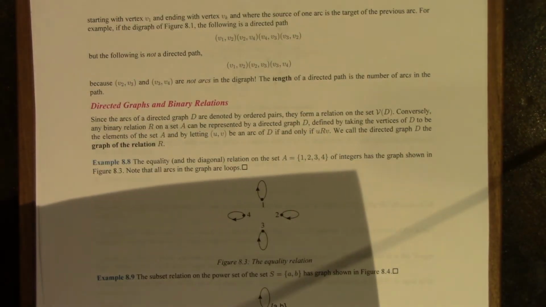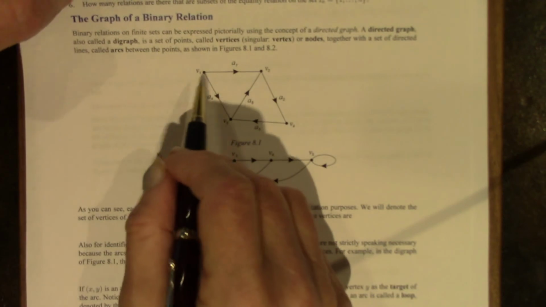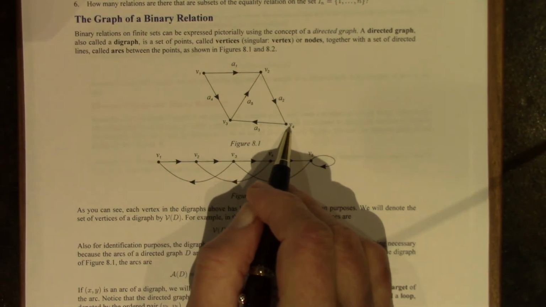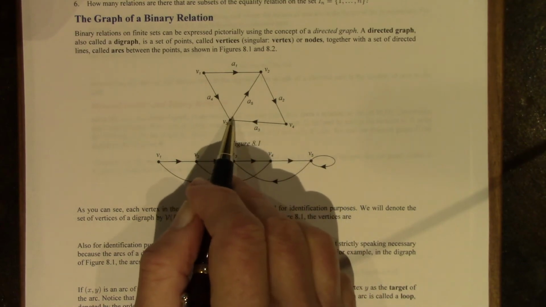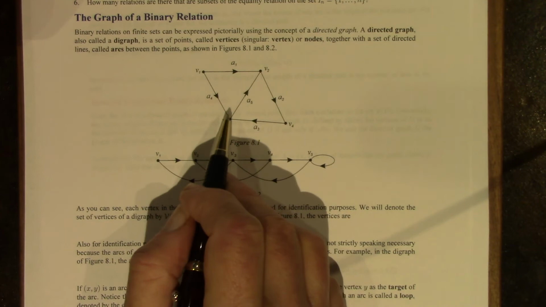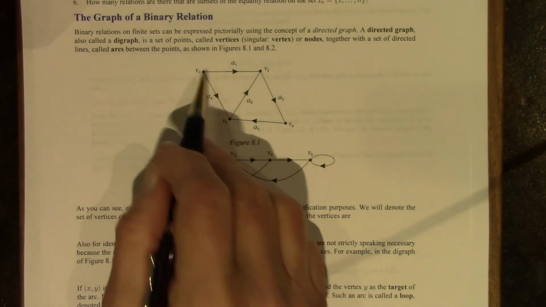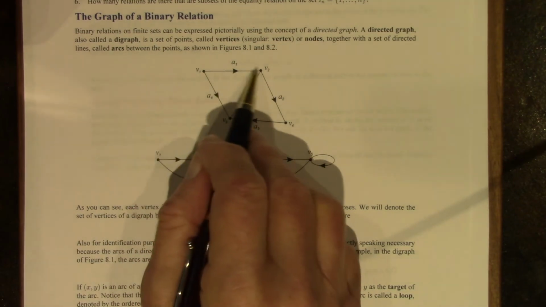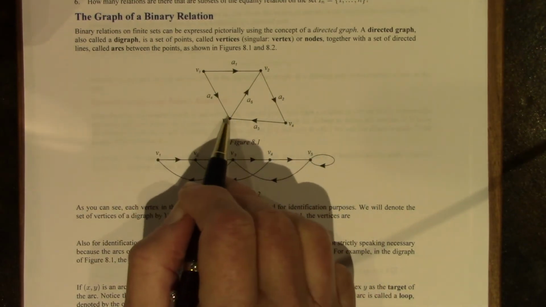So again, in this first example, we have a path from v1 to v2 to v4 to v3.